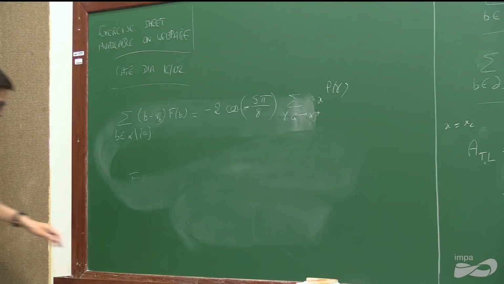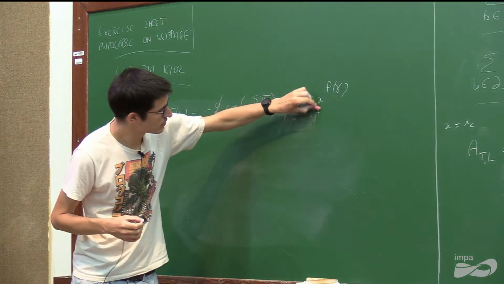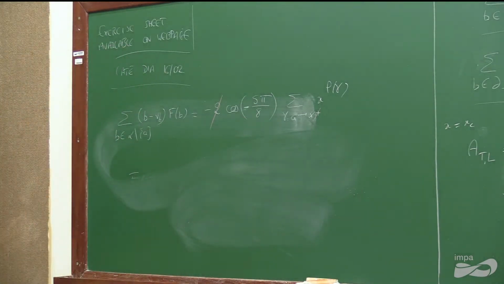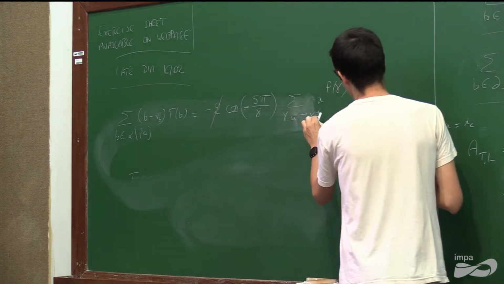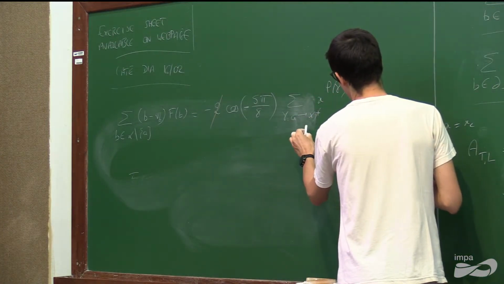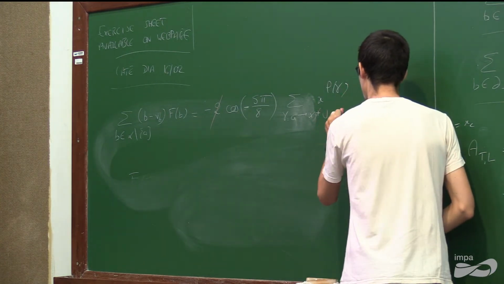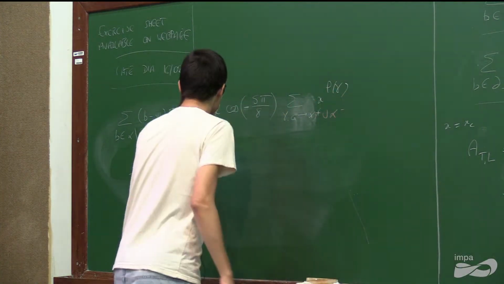Now what I can do is say that this sum over alpha plus or this sum over alpha minus, it's the same. So I can just delete the 2 here and take alpha plus union alpha minus, which is exactly what I wanted.